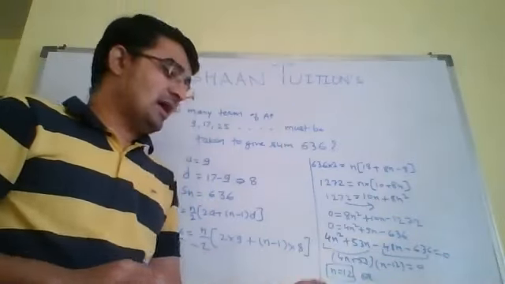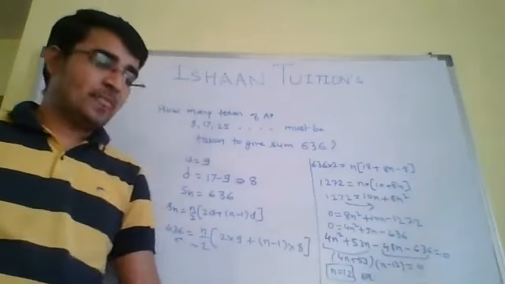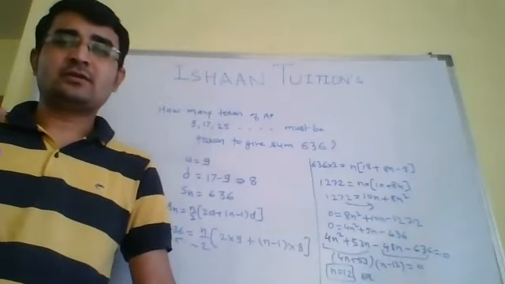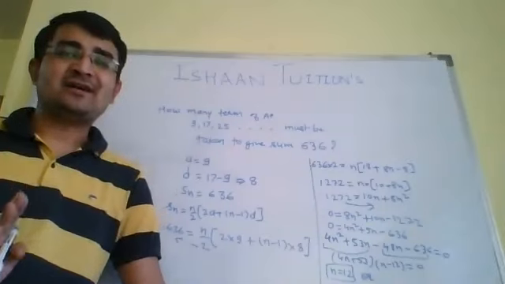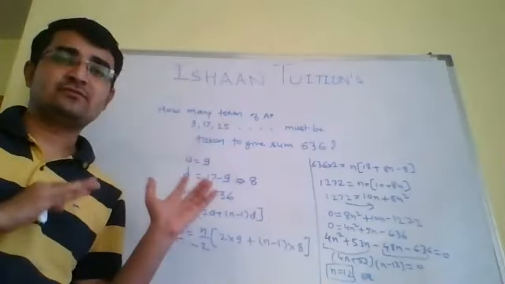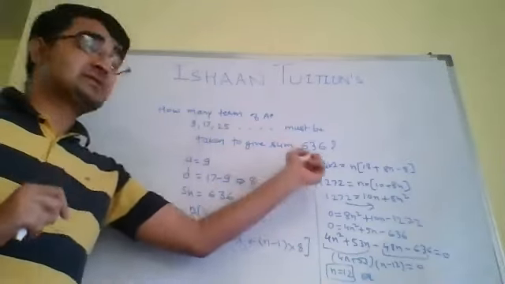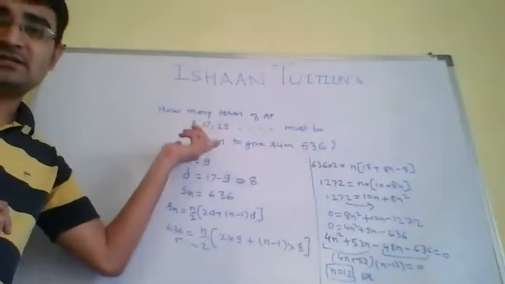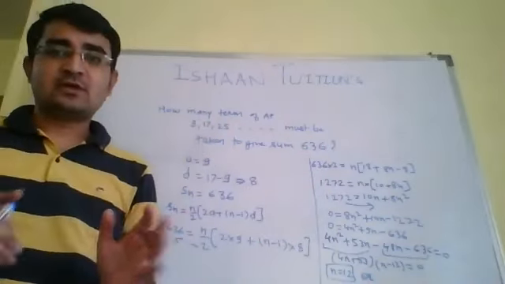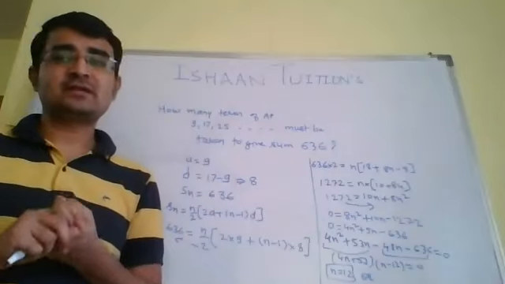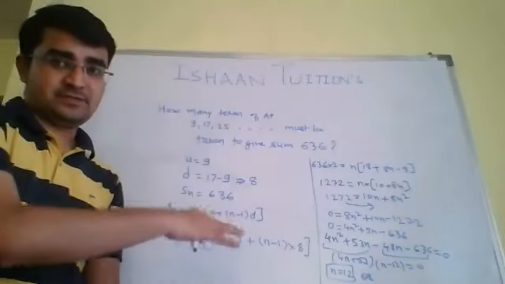You can solve this quadratic equation. The main thing was to understand how to solve this type of question where the sum of n terms is given and the AP is given, but we don't have the number of terms. In most such cases, you will get a quadratic equation.